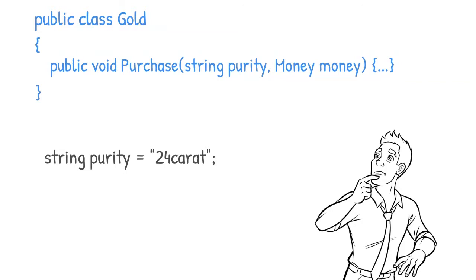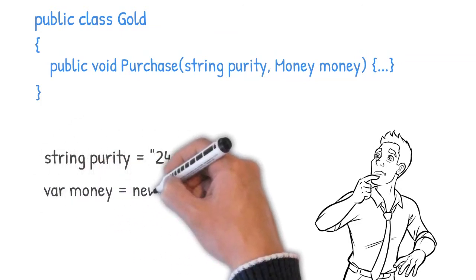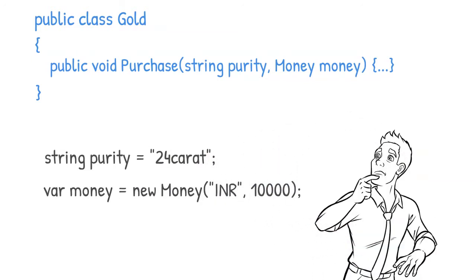Money? Now I have additional overhead to create the instance of money as well. Okay, let me see the documentation again. The consumer again goes through the documentation and learns how to create the instance of money so that the purchase method can be invoked.